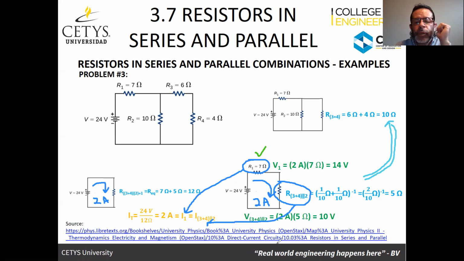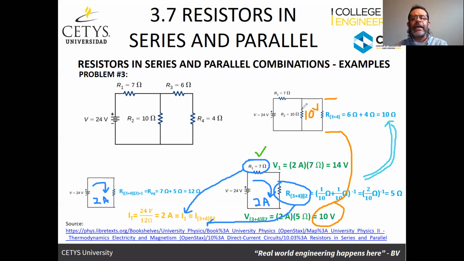And so we know that in the combination, we've got 2 amps. But what is the current individually in each of the elements? Well, we know that the combined voltage here has to be 10 volts. We just calculated that. The voltage for this resistor is 10 volts. And it has to be the same voltage for this one. This one also has 10 volts.